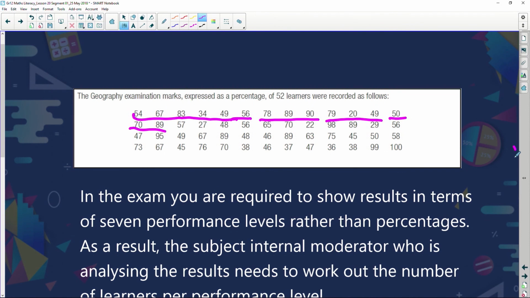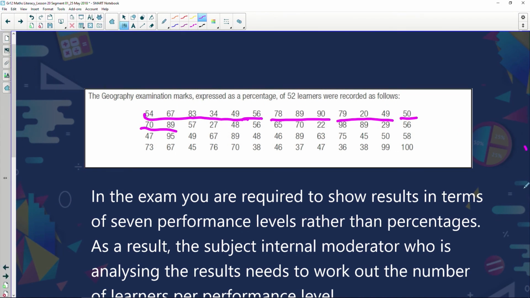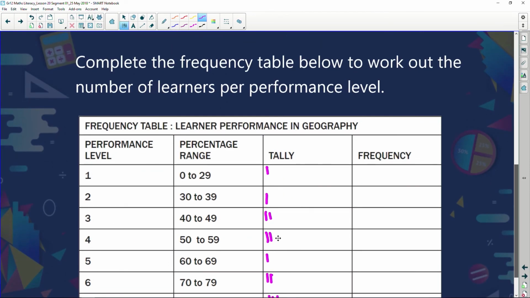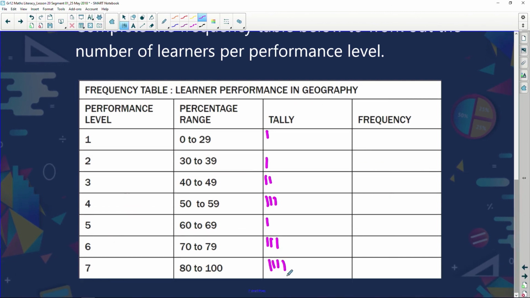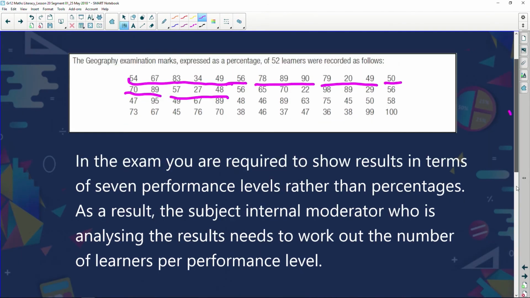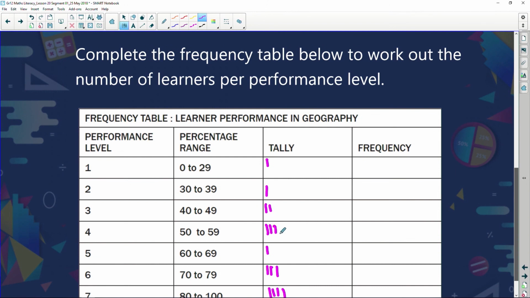Let's get down there. A 50, a 70, and another 80. I'm just going to do one more quickly: a 50, a 20, a 40.